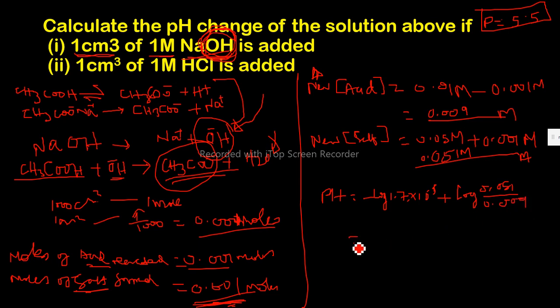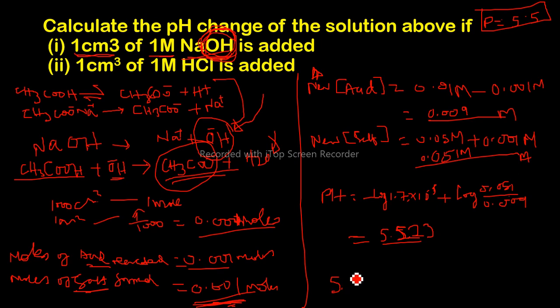So what is the new pH? It is simply 5.223.